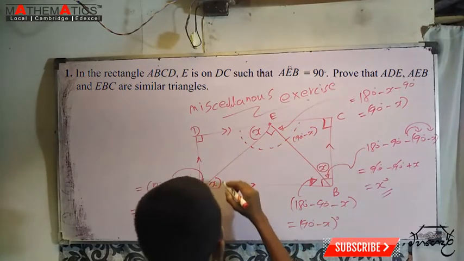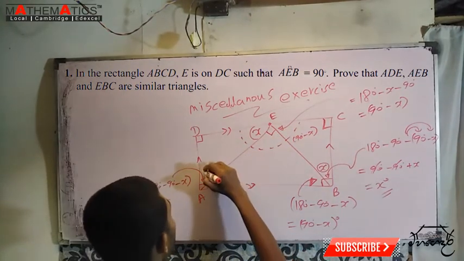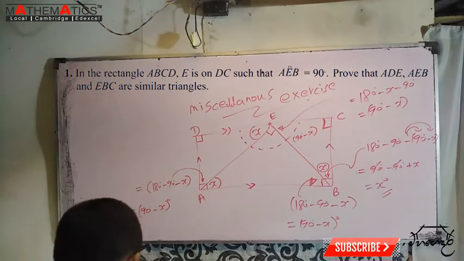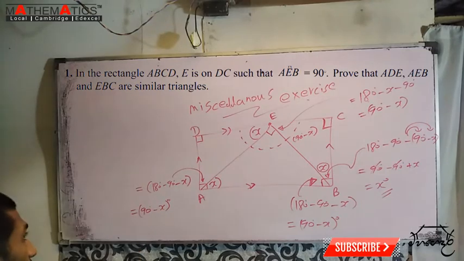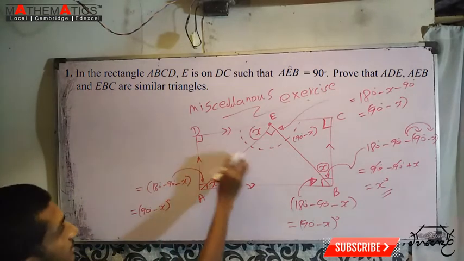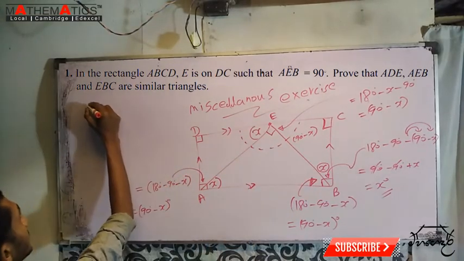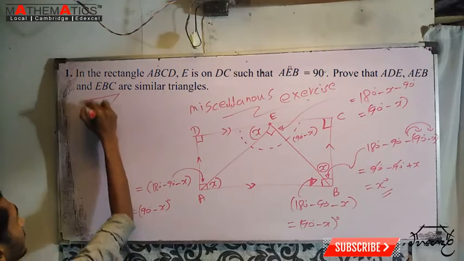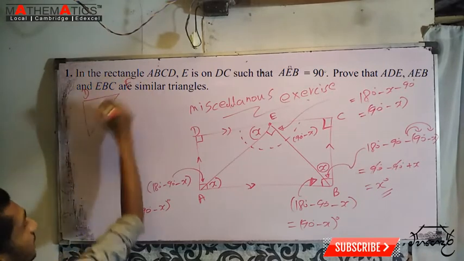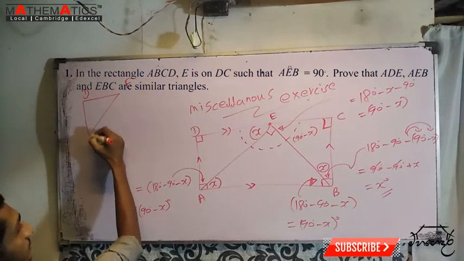Now you can separate these three triangles like this. The first one I will write here: KDE, with x, 90 degrees, 90 minus x.